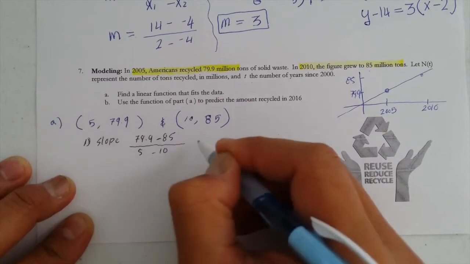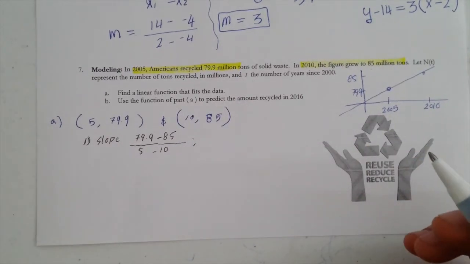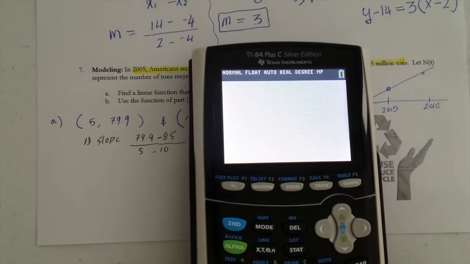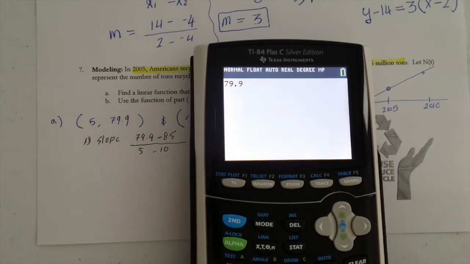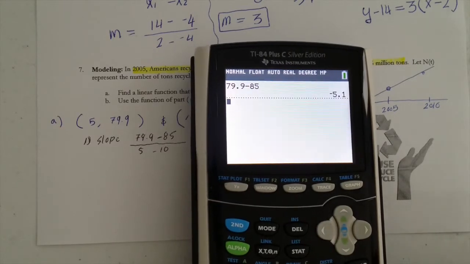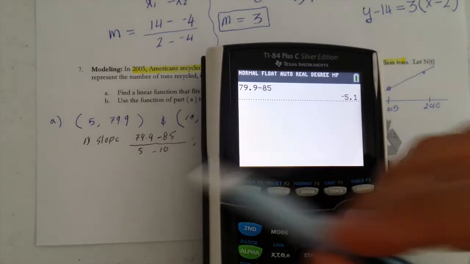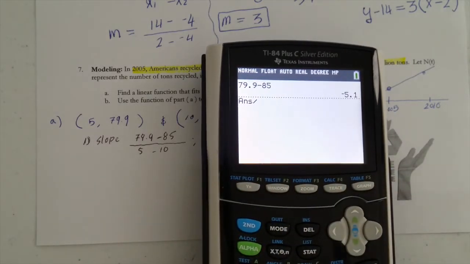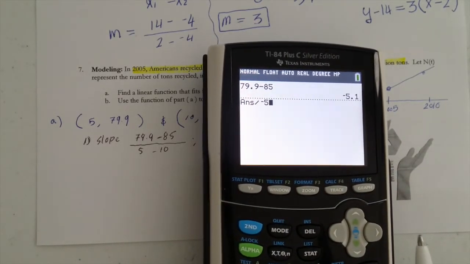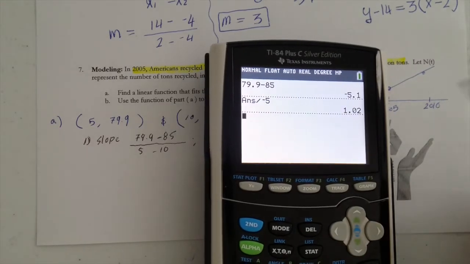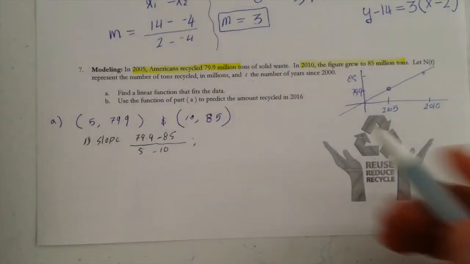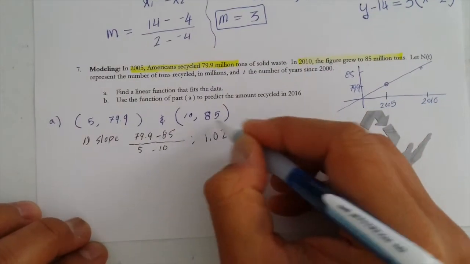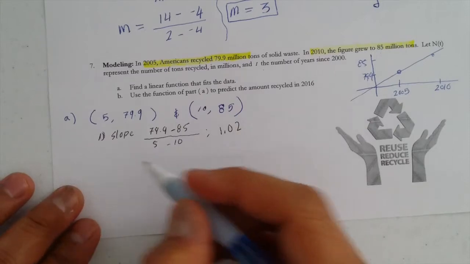I am going to use a calculator to assist me. 79.9 take away 85 gives me negative 5.1, and 5 take away 10 is negative 5. Dividing the top number by negative 5, the slope comes out to be 1.02. This is your m.